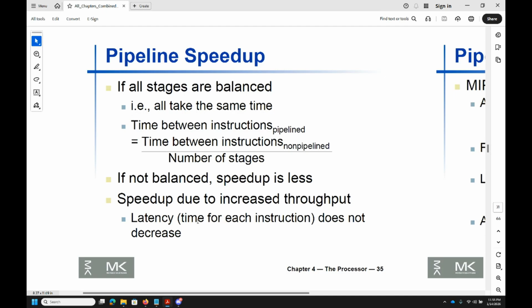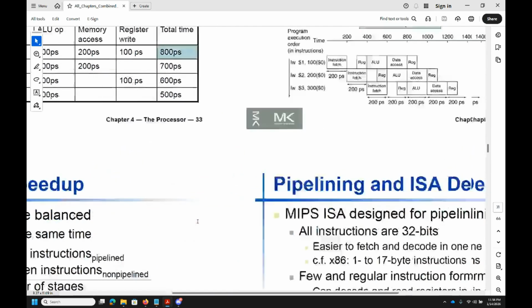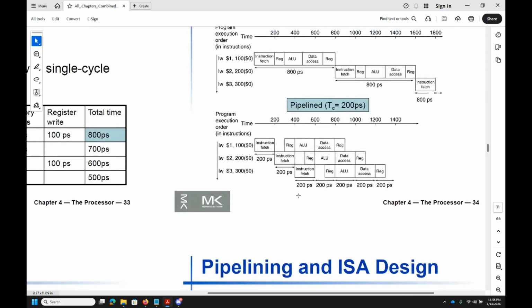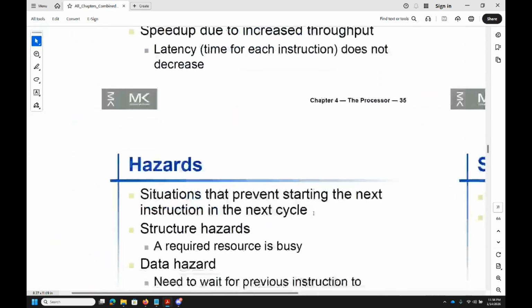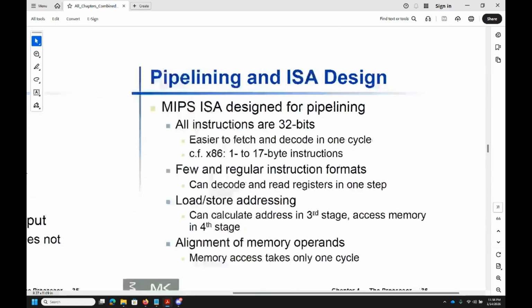Basically, you're able to do more things together. The time that each instruction takes to execute is not changing. Over here each instruction is taking 200 picoseconds, and here also each instruction is taking 200 picoseconds. It's just that in one slice of time, you're able to do more things, right? That's where you're getting the speed up from.